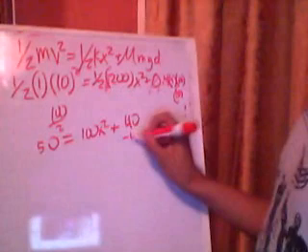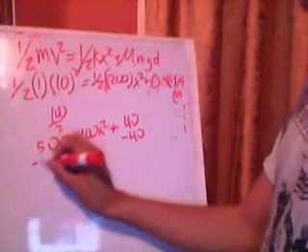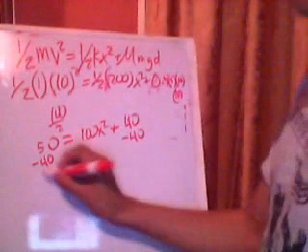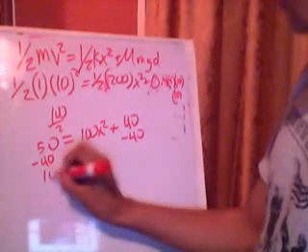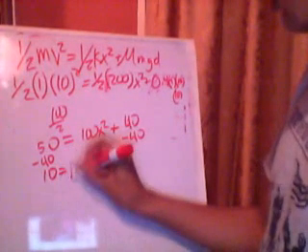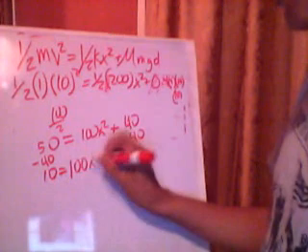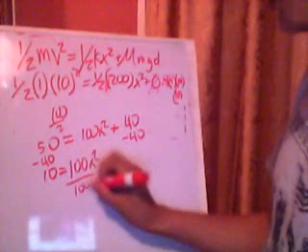Now subtract 40 on each side to get rid of it. 10 equals 100 x squared, divide by 100.